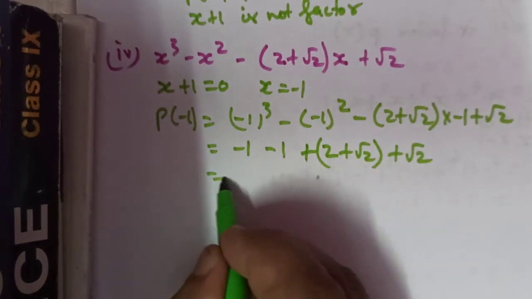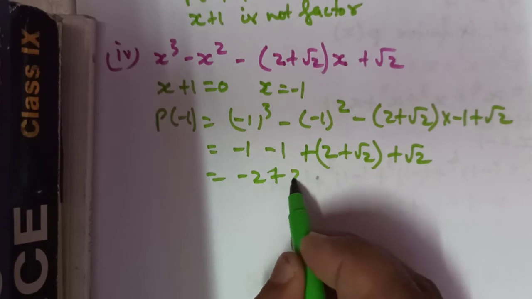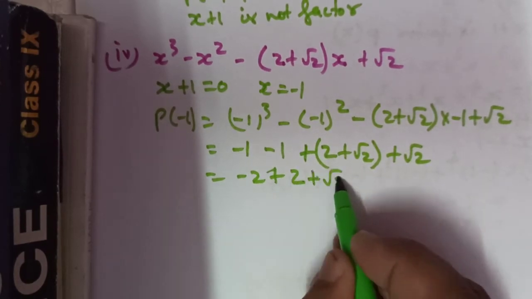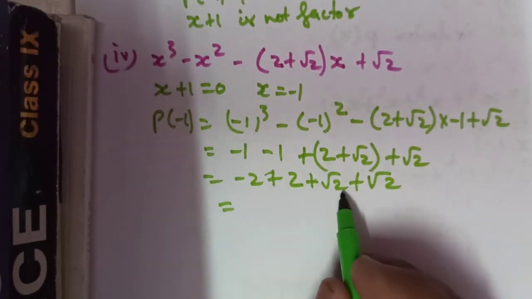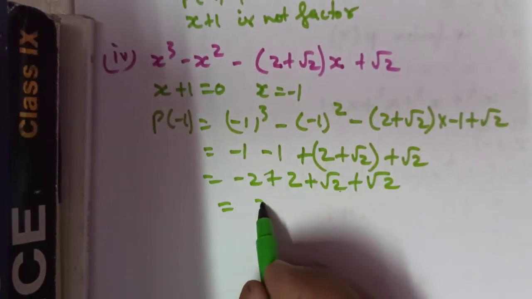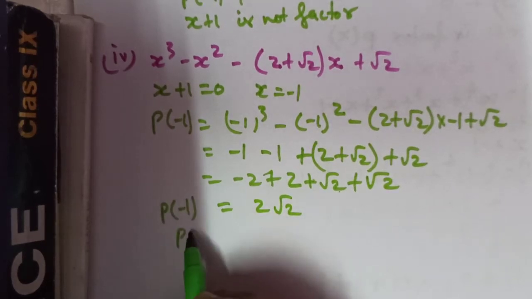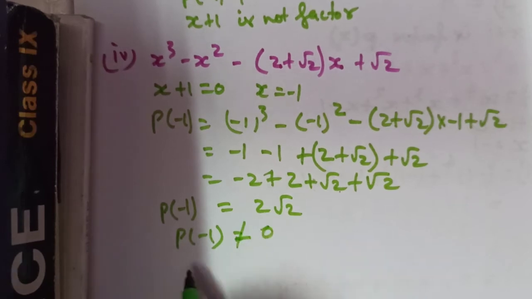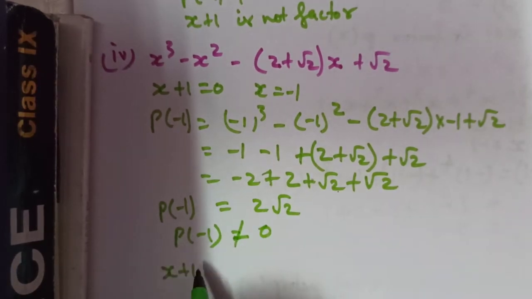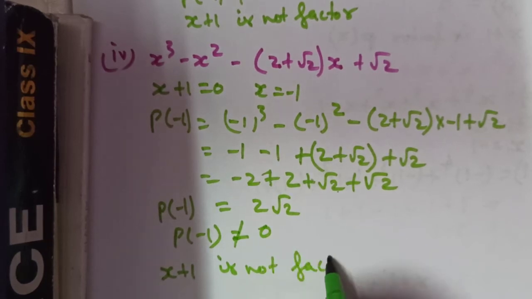So minus 1 minus 1 is minus 2, and if we open the bracket it will be plus 2 plus root 2 plus root 2. So plus 2 and minus 2 will cancel out, plus root 2 and plus root 2 will be 2 root 2. So again in this case also the value of p(-1) is not coming equal to 0. So x plus 1 is not a factor of the given polynomial.